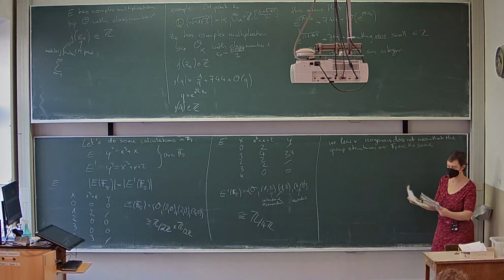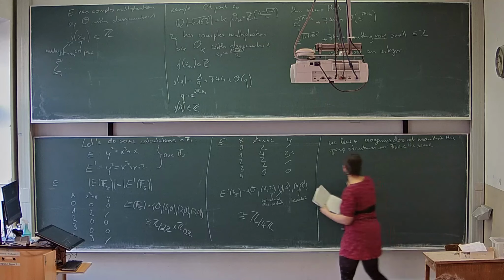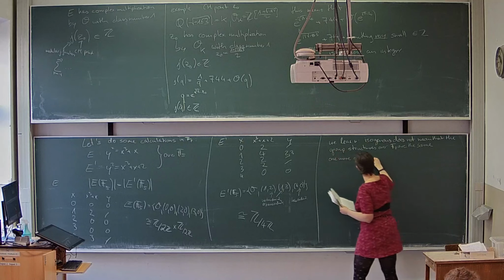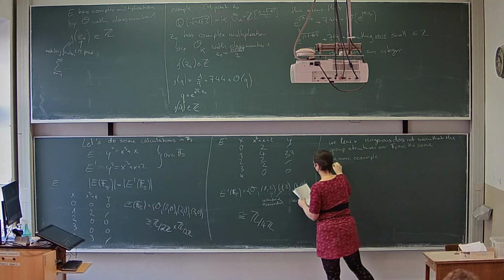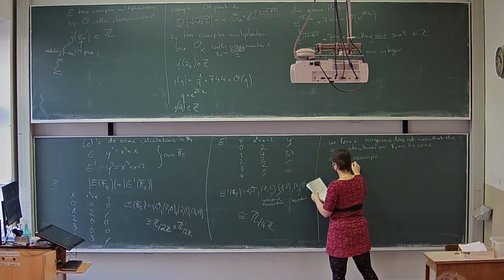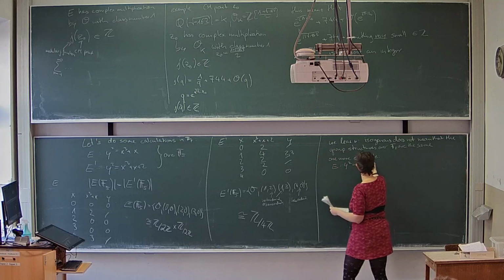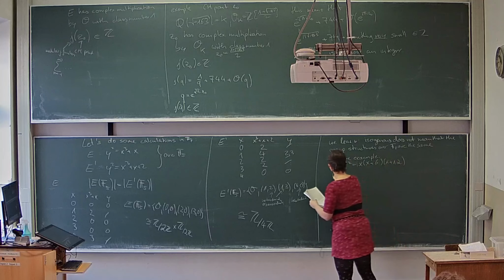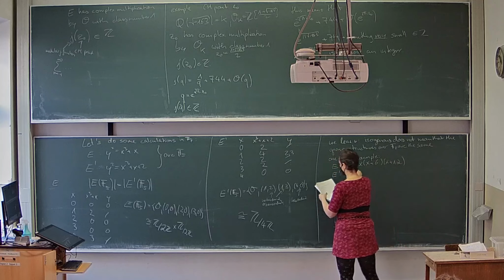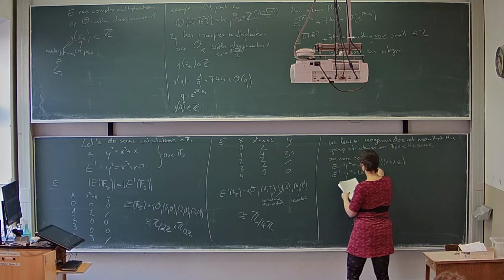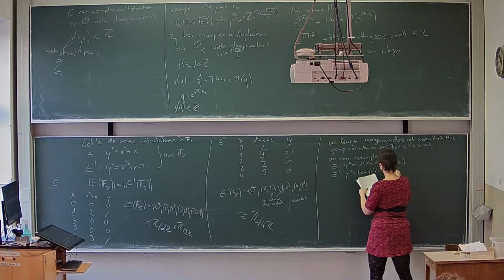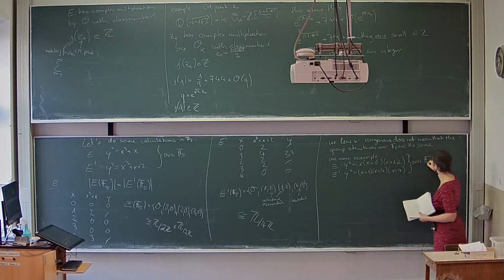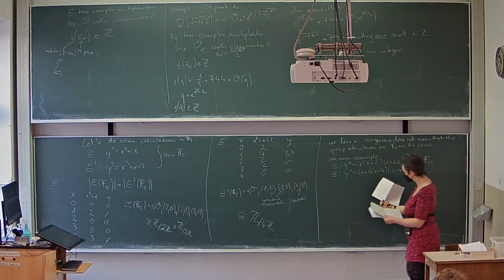Okay, one more example. Now we have 2 curves over F17.